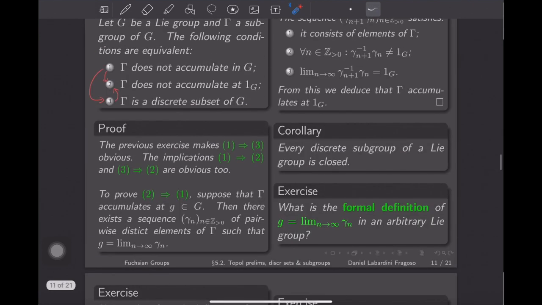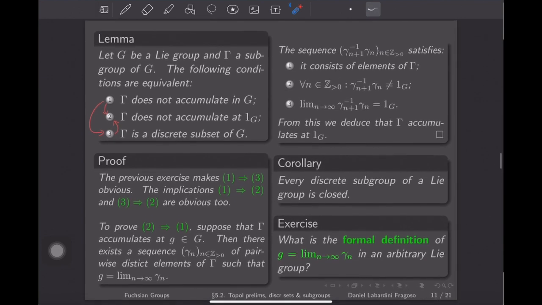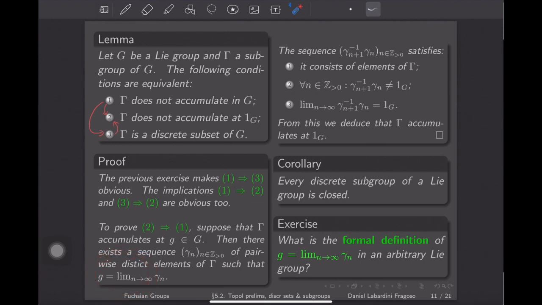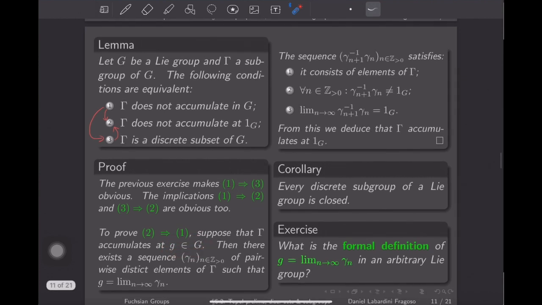Could you multiply by G inverse instead? Here, the problem is that you don't know that G is in gamma. We're assuming that gamma accumulates in G, and now I want to see that gamma accumulates at the identity, right?